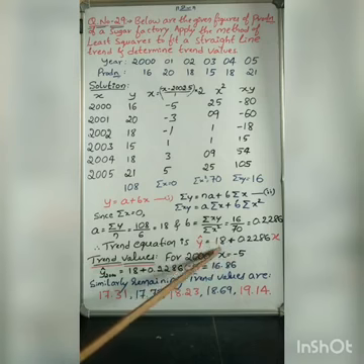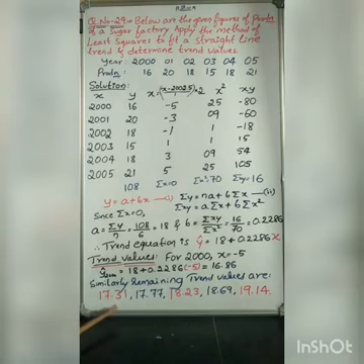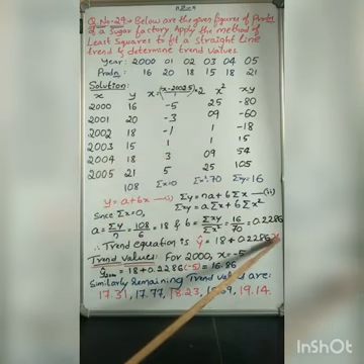We are going to get trend values as first, 17.31 at the year 2001 and 17.77 at the year 2002, 18.23 at the year 2003, 18.69 at the year 2004, and lastly 19.41 at the year 2005. We will be getting these when we substitute respectively -3, -1, 1, 3, 5 as x values here in this equation.